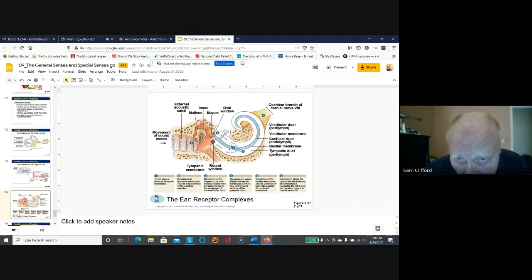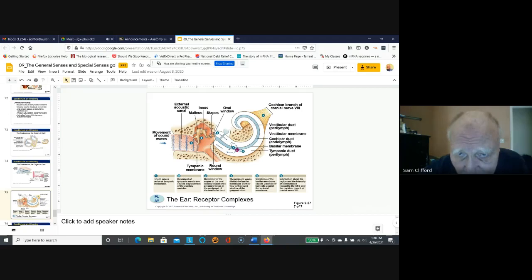So sound will enter the cochlear duct right here, and that sound has different frequencies, and depending on where the part of the basilar membrane vibrates, so location, location, location. So where the sound waves cause vibration in the basilar membrane and the intensity, that's how we're going to hear various frequencies and different intensity or loudness.